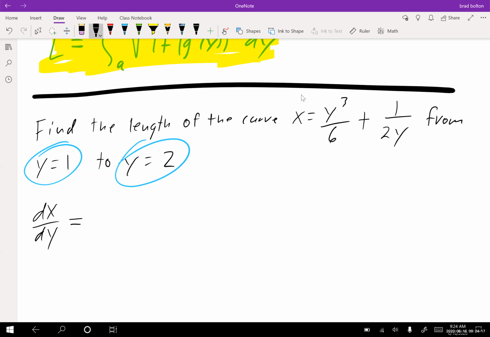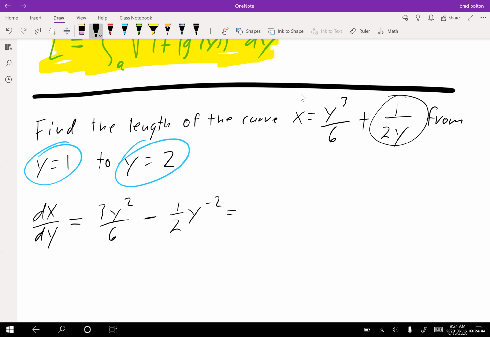So we're going to get, let's see, the derivative of y cubed over 6 would be 3y squared over 6. And this will be minus, because this right here is a negative exponent. So this will be minus 1 over 2y squared. I'll write it the original way and then we'll clean it up: minus 1/2 y to the negative 2, because it was y to the negative 1, and if we subtract 1 from the power, we get that.